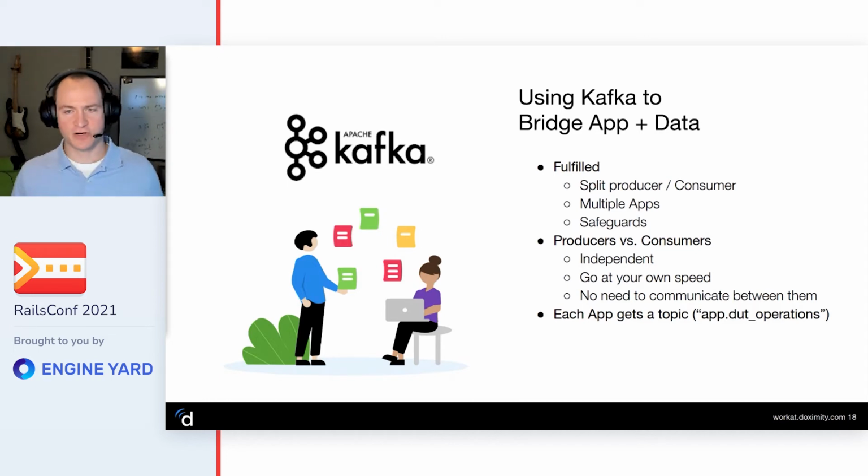For those of you that are not familiar with Kafka at all, I'll just do a really high level overview. The easiest way to think about it is imagine that you have a way to send a message to somebody in a JSON payload. It's not restricted to JSON, but that's how we use it internally.